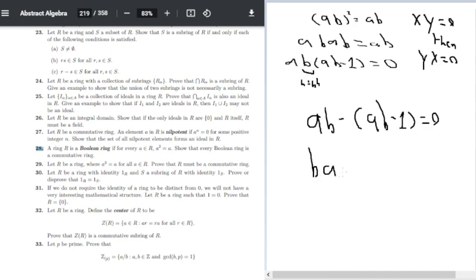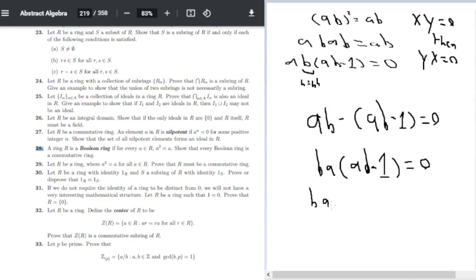So we can have that. Yeah, we swap stuff around and we can get ba(ab minus 1) is equal to 0.